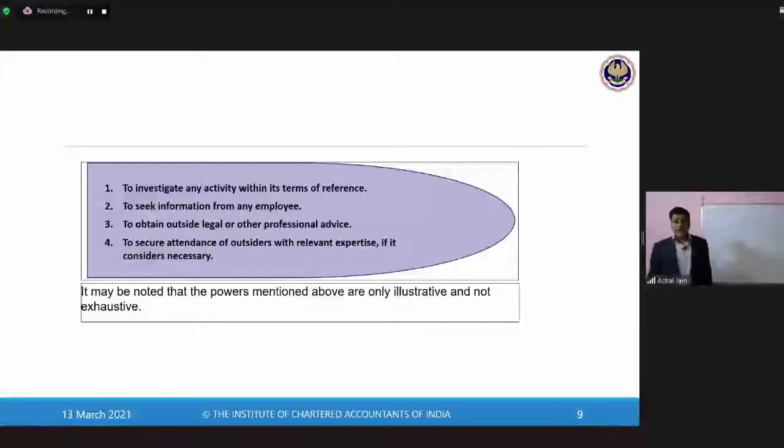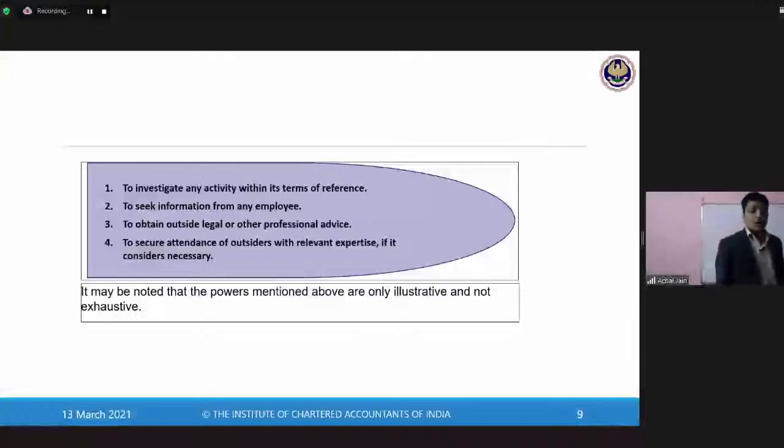To obtain outside legal or professional advice as required, because the audit committee will also require a lot of professionals or experts to work with, so if required, they may engage any of those legal or professional experts. To secure the attendance of outsiders with relevant expertise if it considers necessary. These are all powers of the audit committee.